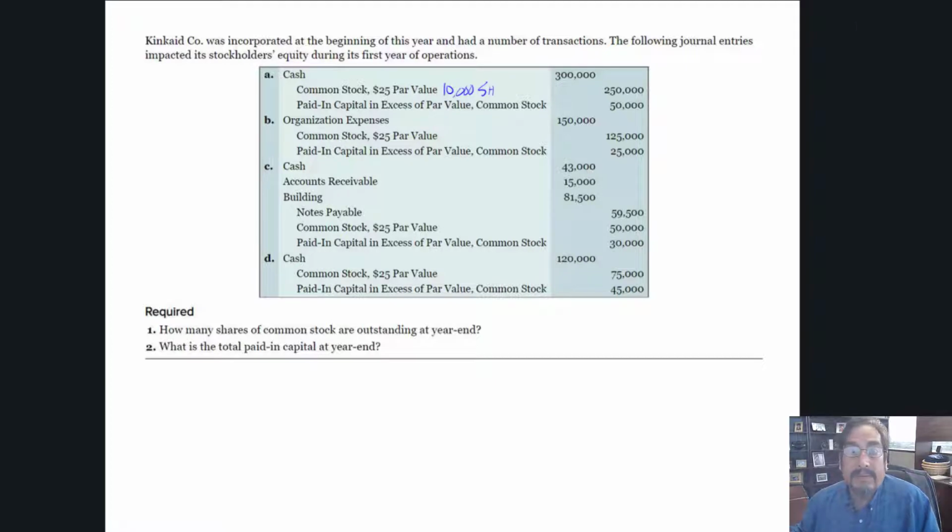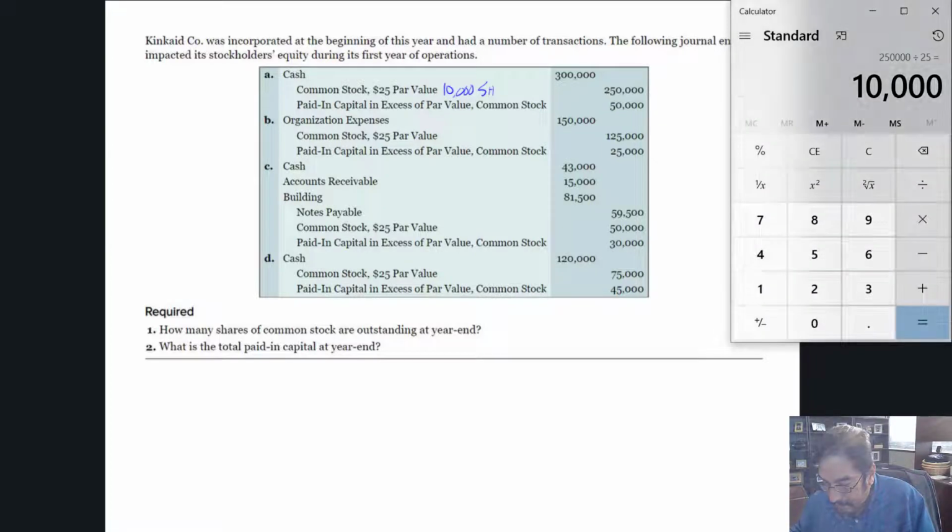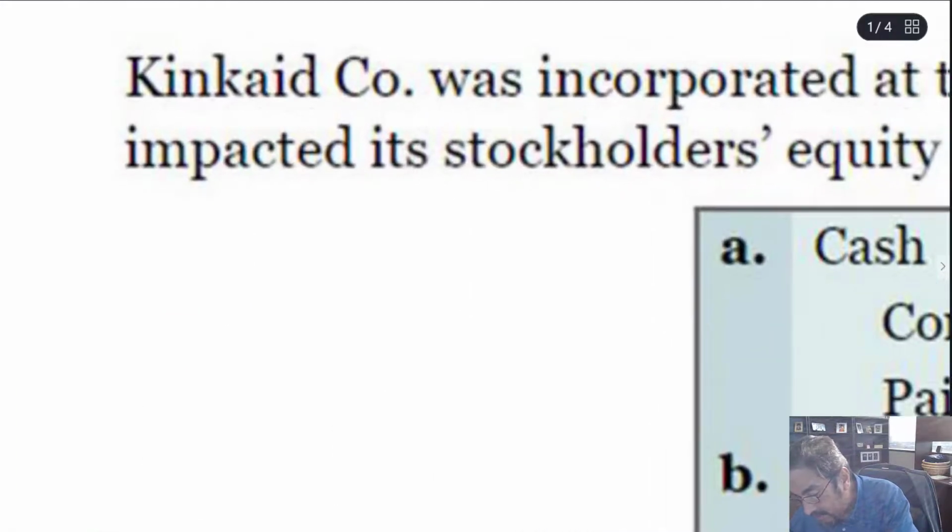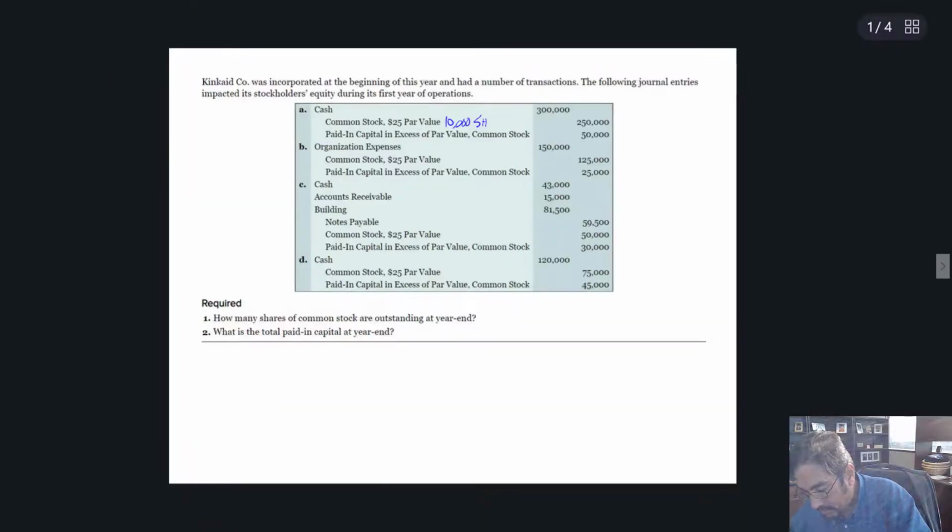And we do that every single time there's a common stock entry, a journal entry with a common stock piece there. So in B, we've got $125,000 divided by the $25 par value. So that's 5,000 shares.